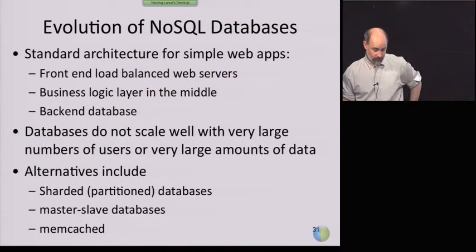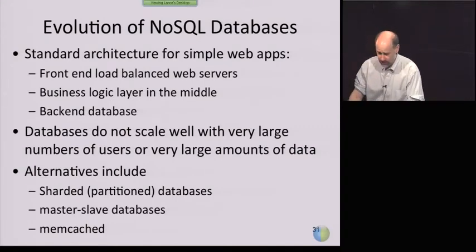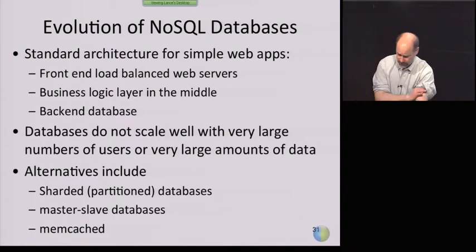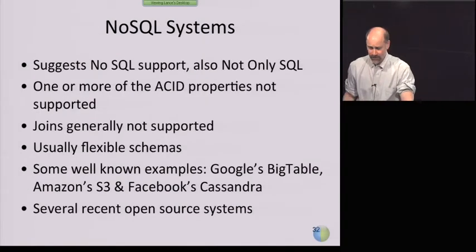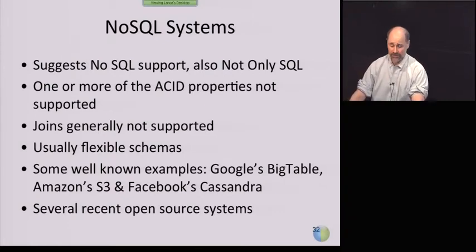I'm going to talk a little bit about NoSQL databases, probably pretty quickly. So NoSQL stands for not only SQL or NoSQL. It basically gives up some of the ACID properties that are traditional with databases.